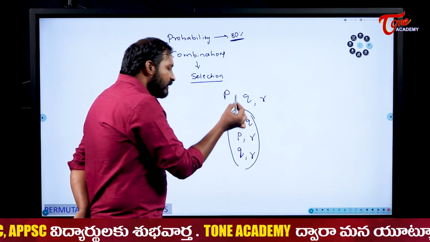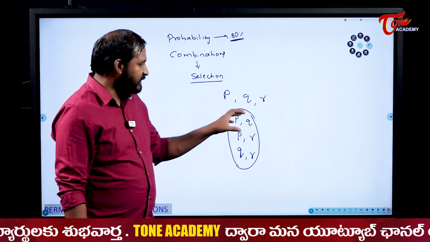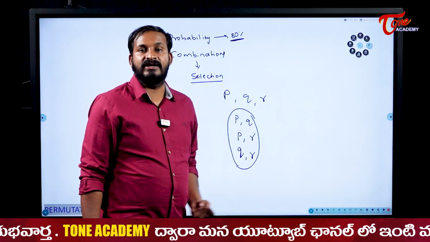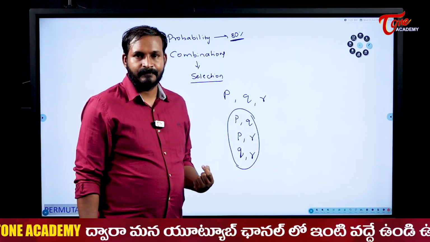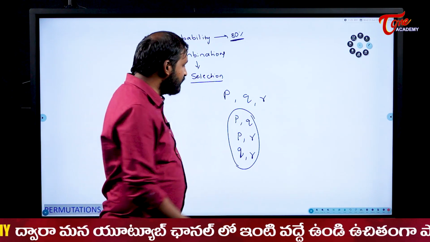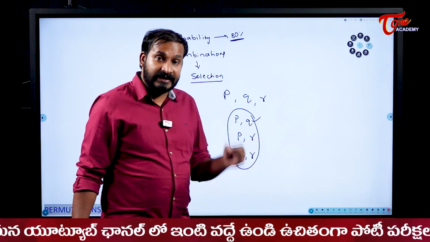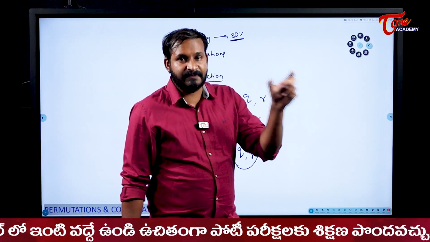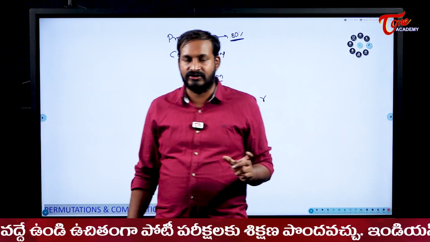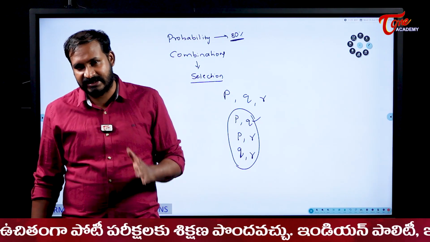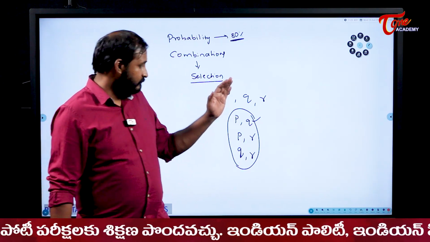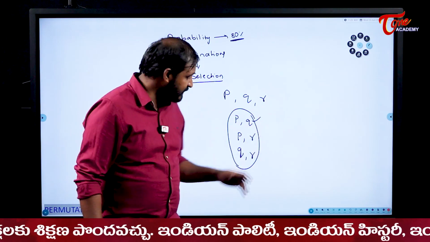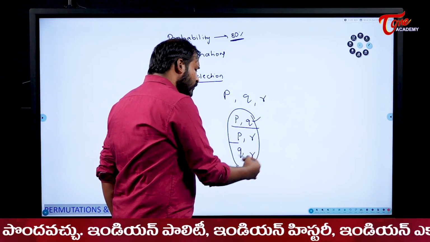There is no rule in these cases about who is selected first and who is selected next. We will not bother. Anyway, we need to select two people. Until and unless there are special cases where they mention that this person should be selected first and this person next, we will worry about who is picked first.